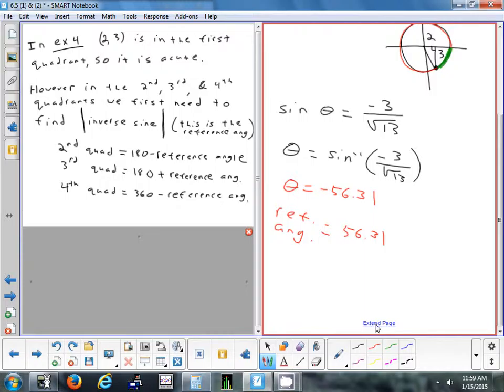So to find that, hopefully it makes sense visually now, take 360, subtract away the green piece, and you're going to be left with the red piece. That's the part that's going all the way around. So I'm just going to follow my formula: 360 minus 56.31, my reference angle.